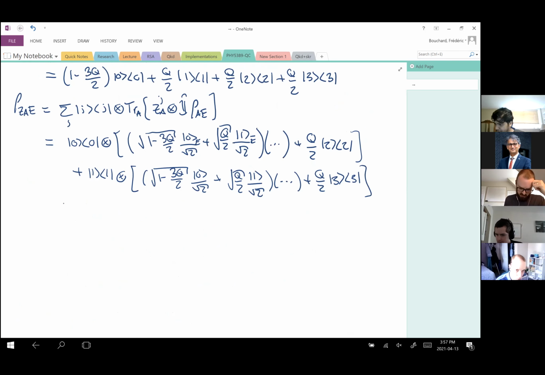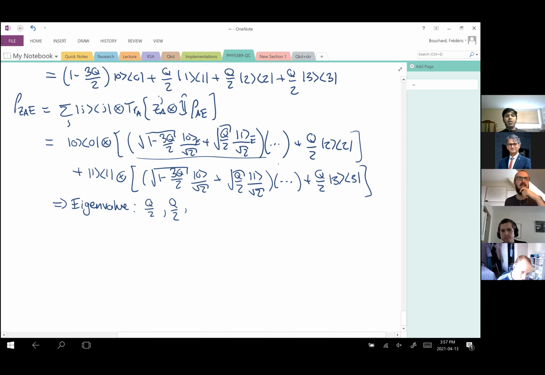The important thing we'll need is the eigenvalues of rho ZAE. There's Q over 2, because they're already diagonal, but you also need to find the diagonal elements of this first part. If you run that in Mathematica or something like that, you'll see it's 1 minus Q over 2, and for this one here, you also have 1 minus Q over 2. So those are the 4 eigenvalues, which will be useful.